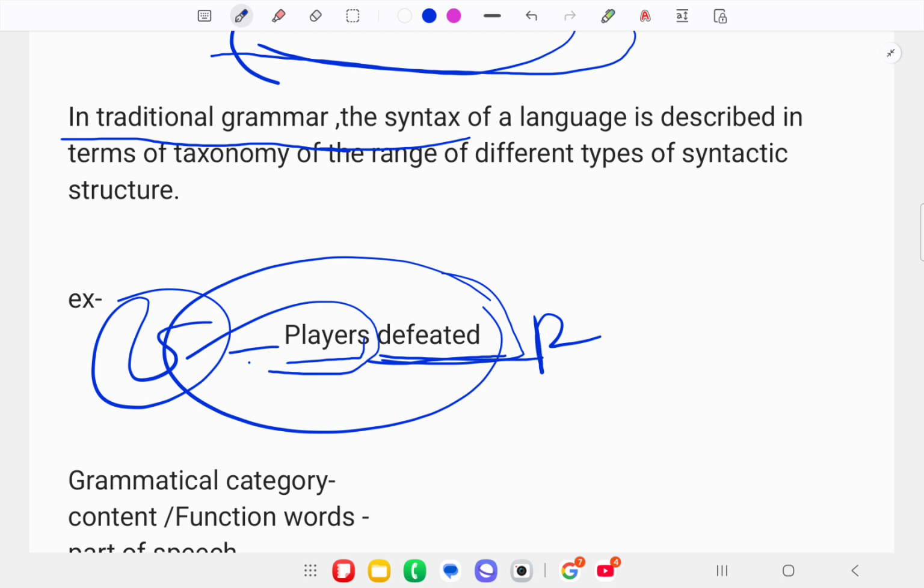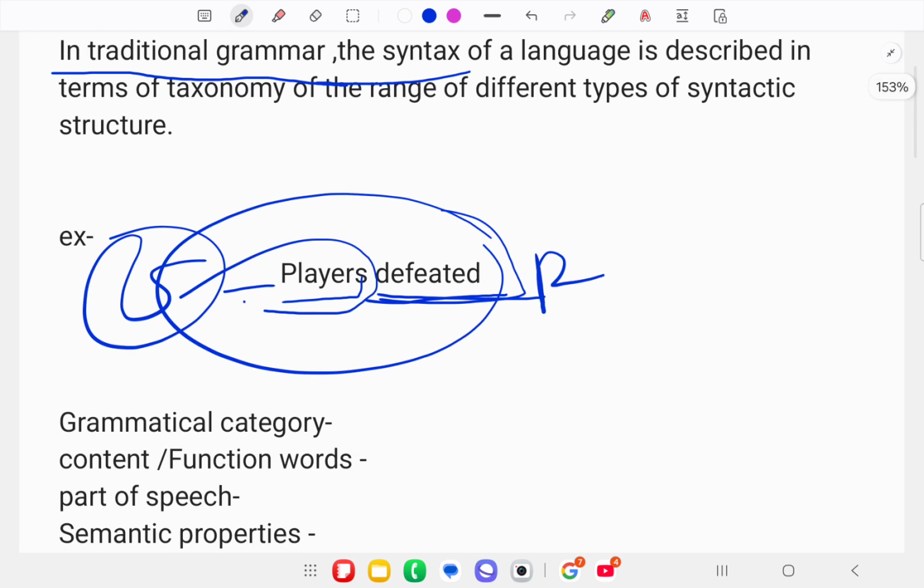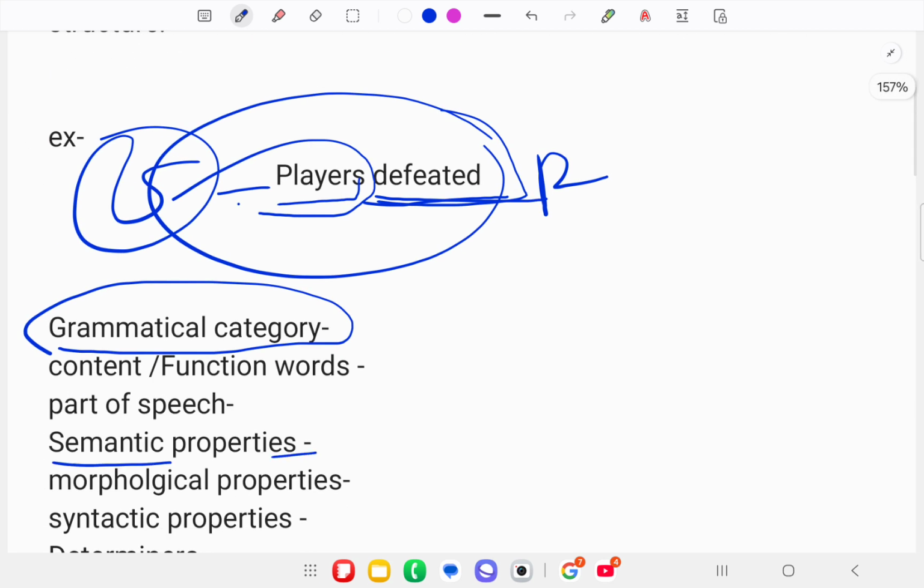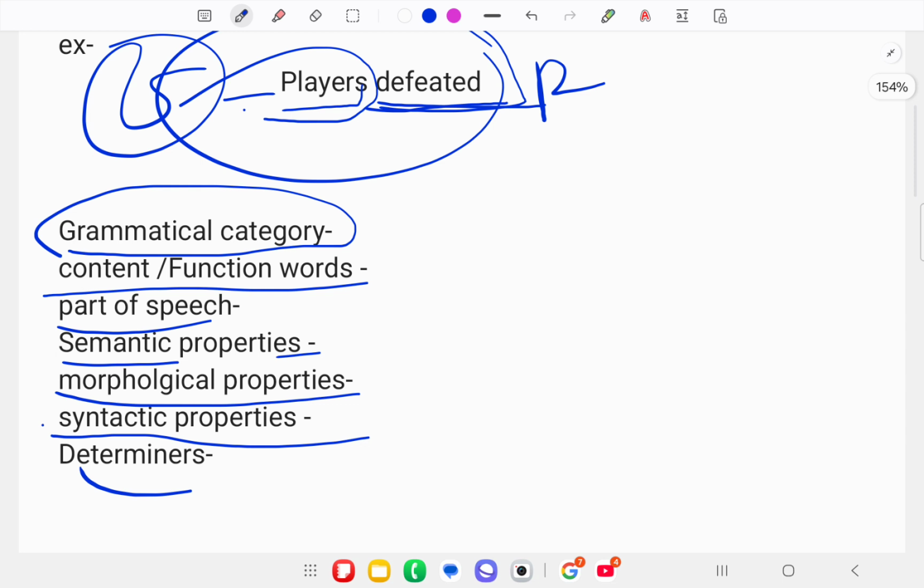Next, what do we study in traditional grammar? We study the grammatical category of a sentence, including the semantic properties, the morphological properties, and the syntactic properties, and also we study content words, function words, parts of speech, and determiners. What are content and function words?